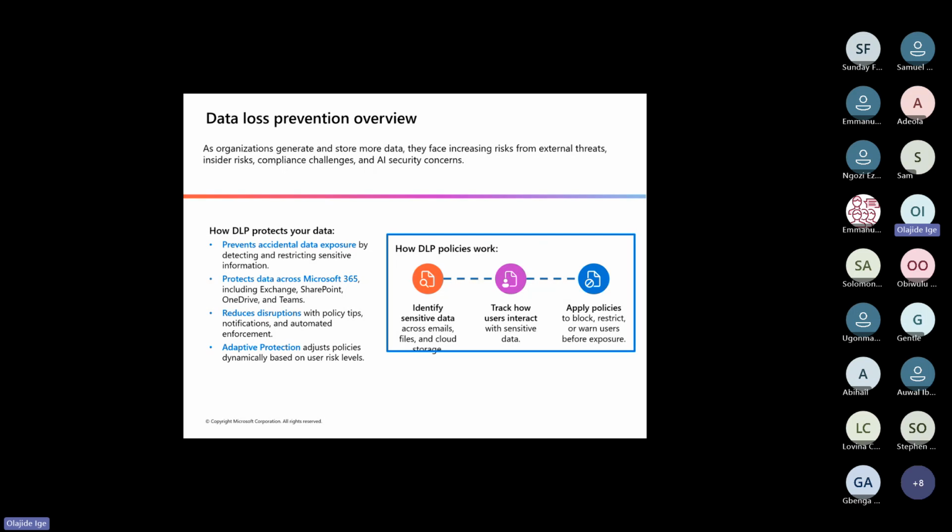So you can see, organizations generate and store more data. Yesterday I talked about some of the challenges facing classifying sensitive data and the reasons why data needs to be protected.